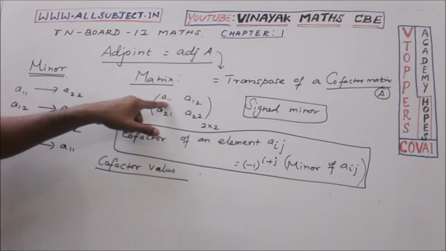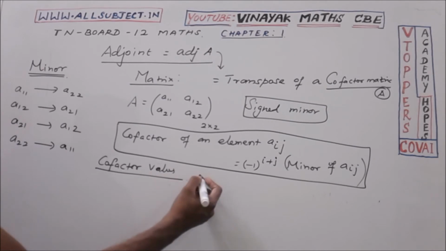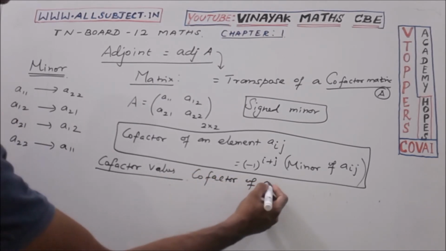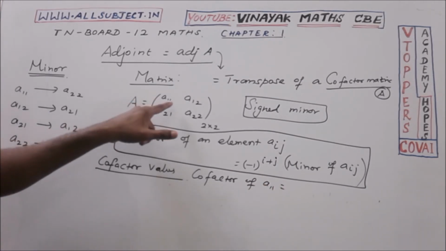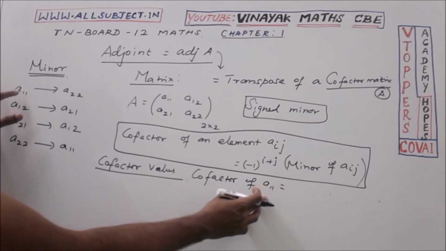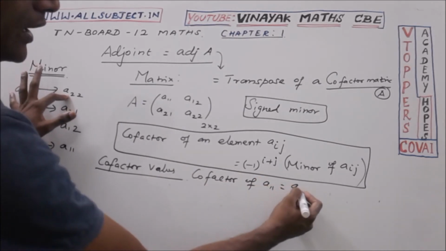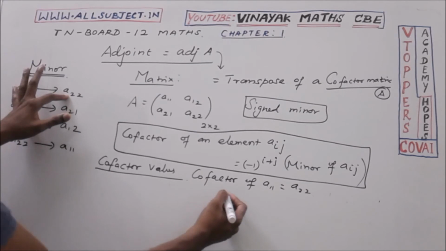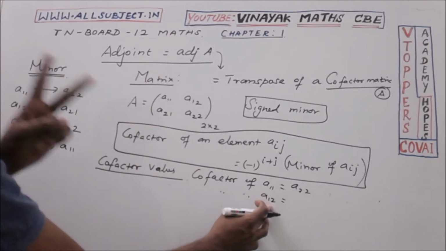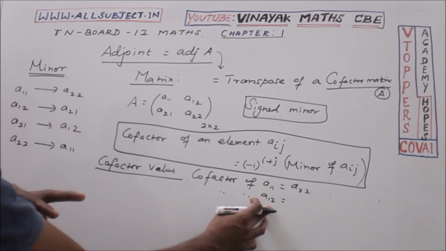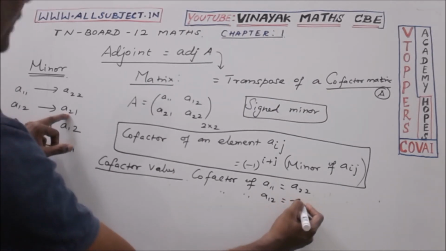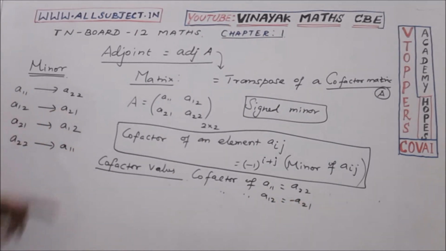So here are my cofactor values. Cofactor of A11: 1 plus 1 is 2, no sign change, so the cofactor of A11 equals the minor of A11, which is A22. Then the cofactor of A12: 1 plus 2 is 3, an odd number, so you should change the sign of its minor. Its minor value is A21, so minus A21 is its cofactor value.